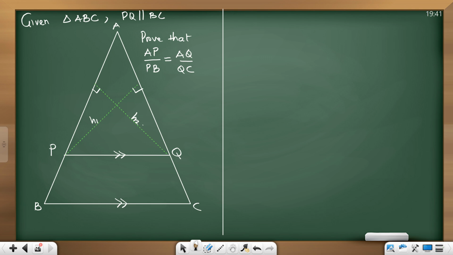So I'm going to write my construction. Please follow through. Construction, what did I do? Construct what? Don't just say height. Perpendicular height. H1 and what?